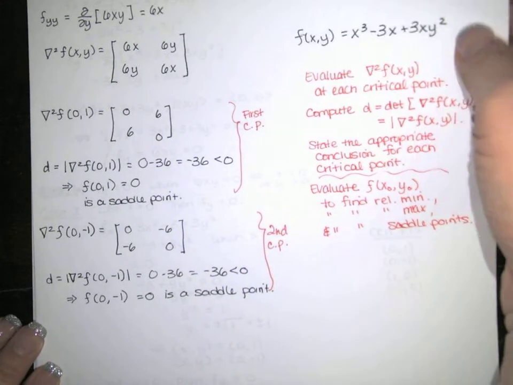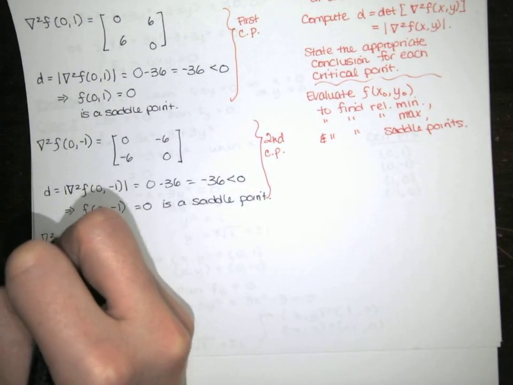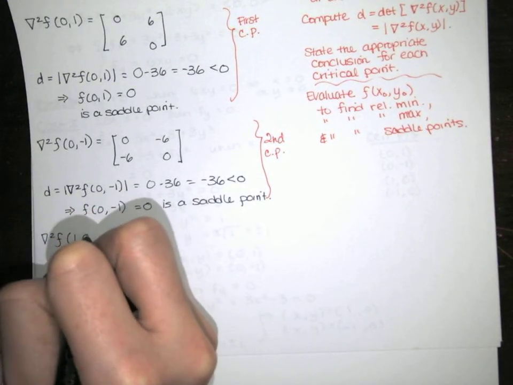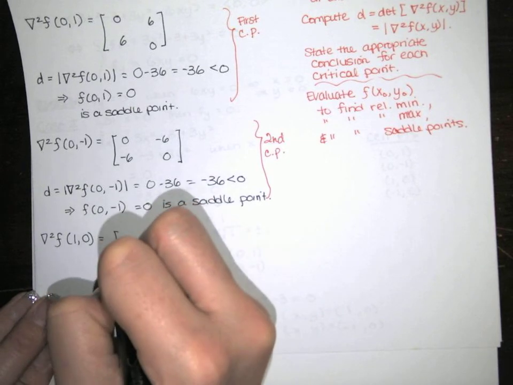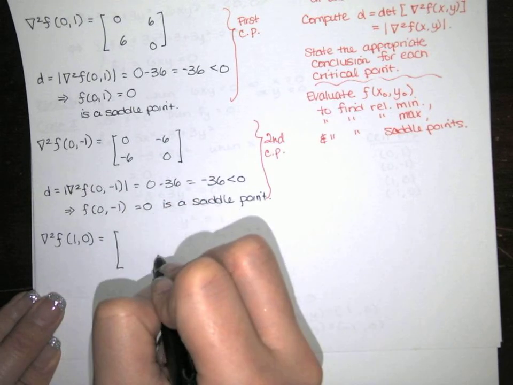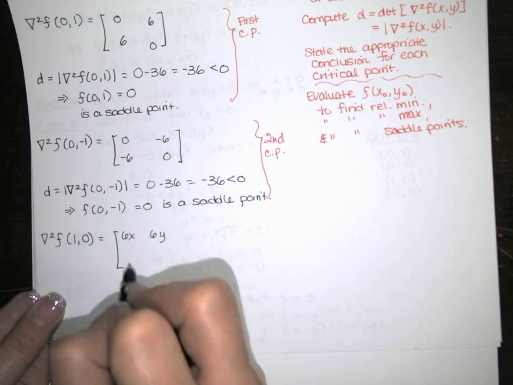Now let's look at our third. We look at x equals 1, y equals 0. So we had 6x and 6x. Well, I think I'll just write it down so you can see it. It's off the screen now.